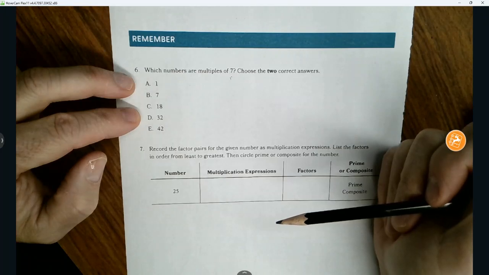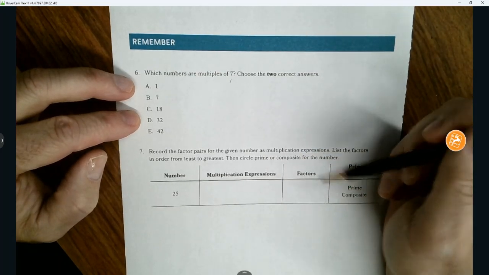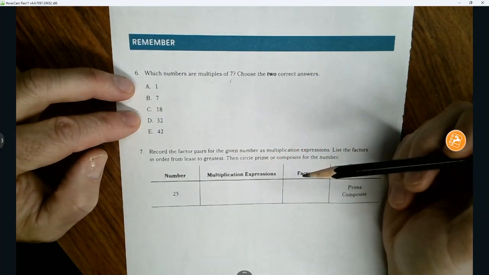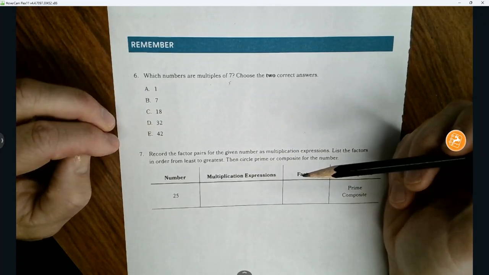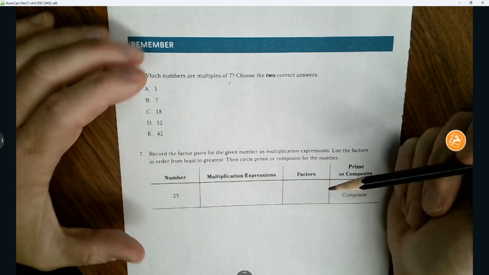Is that if you're counting by 7s? Oh, yeah, you thought I was giving you the answer. Maybe I'm tricking you. Maybe we got to figure out the multiples of 7. So if 7 times this equals this, 7 times this equals this. If we're counting by 7, 7, 14, 21, 28, if we're counting that way, maybe those are multiples. I don't know. You need to know this one, not me.